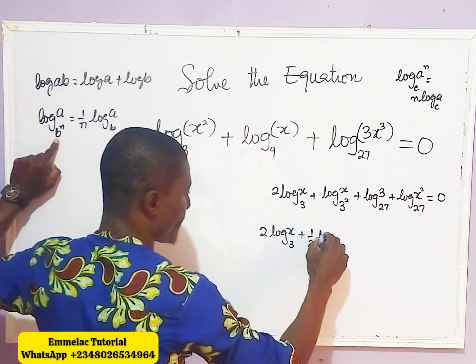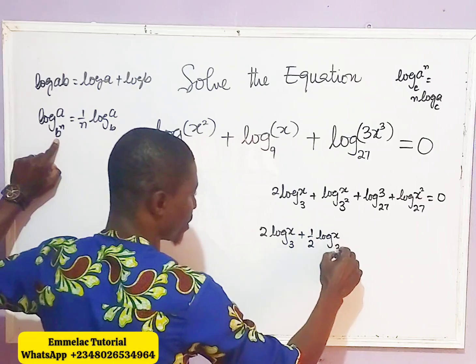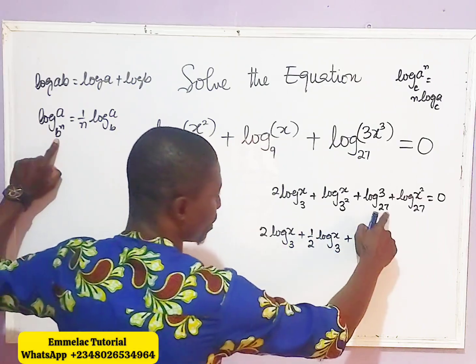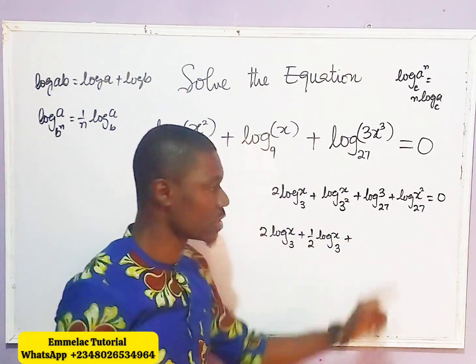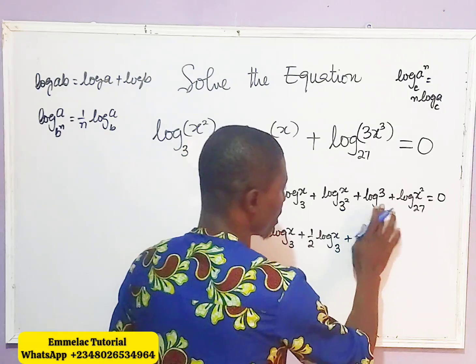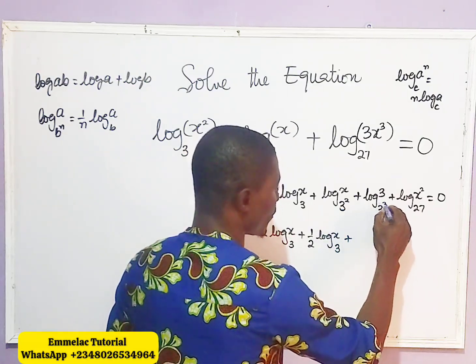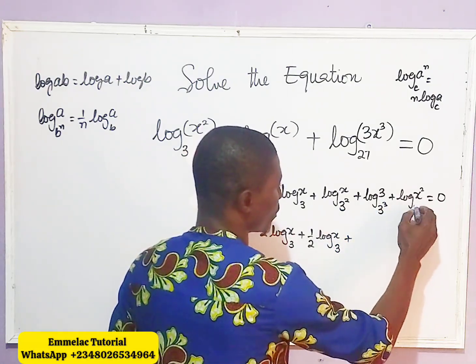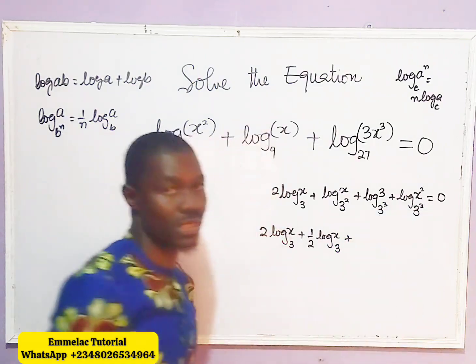then, applying this rule here, we have 1 over 2 log x base 3, plus, now you can actually reduce this 27 to 3 raised to the power of 3, and this one also 3 raised to the power of 3.